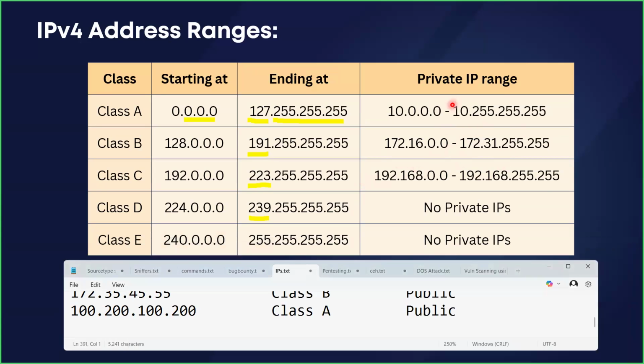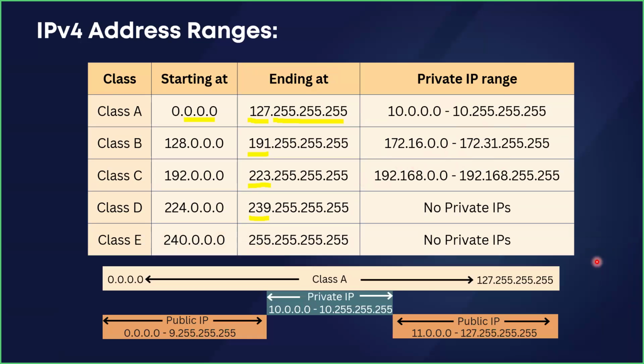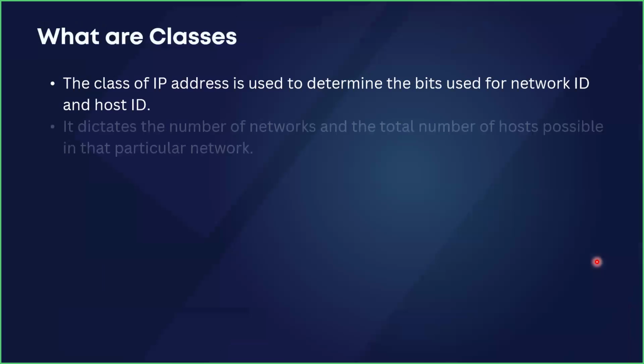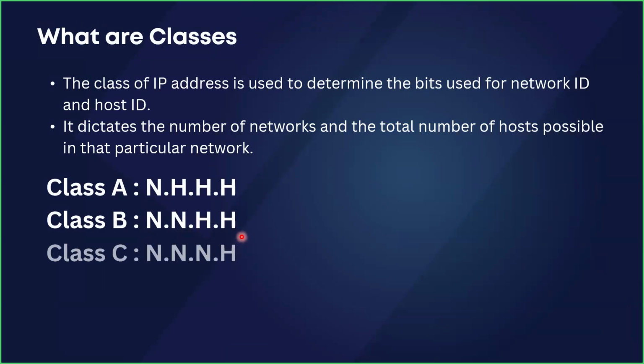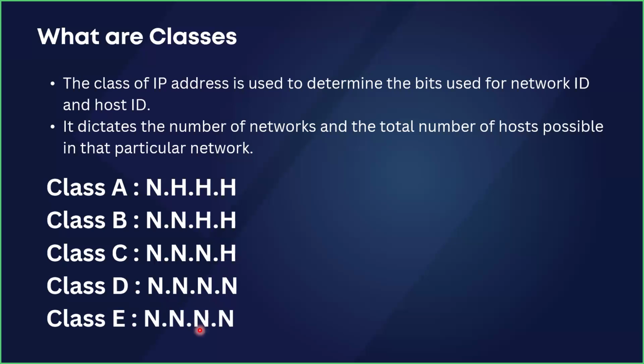So class A has one network portion and three host portions. Class B has two network portions and two host portions. Class C has three network portions and one host portion. Class D and E have all network portions itself. There are no host portions in them.